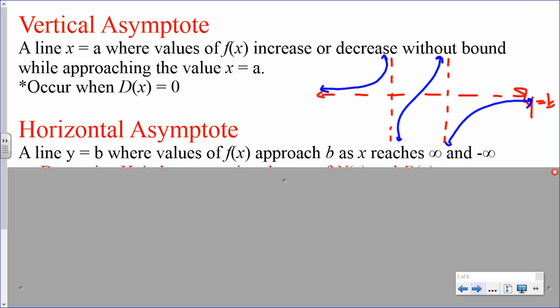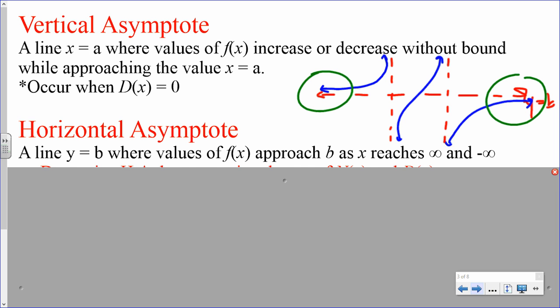It is okay for our graph to cross somewhere in the middle as long as towards infinity and negative infinity we approach the asymptote. It's all about what's happening at the ends of our graph. It's okay to cross the asymptote in the middle. Okay? Now we're not going to see that very often, but I need you to know that it is a possibility. Okay? All right, now, how do we know where our horizontal asymptote is?